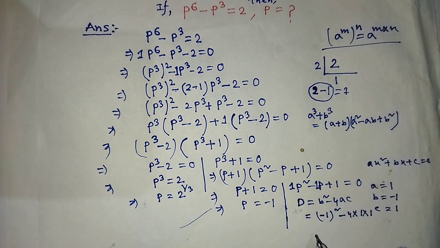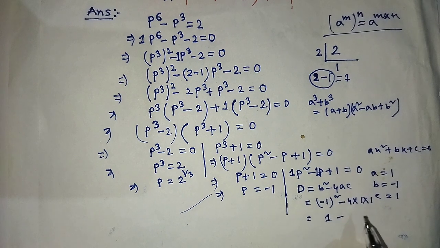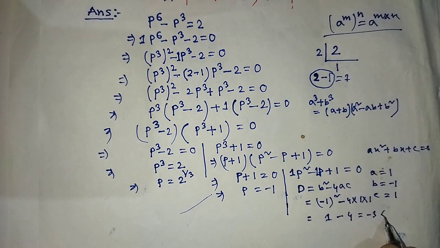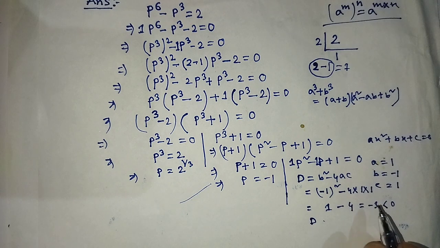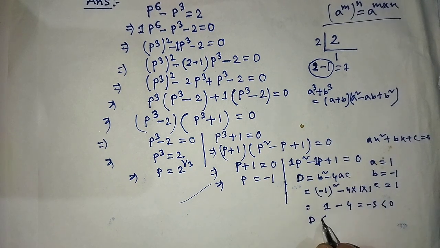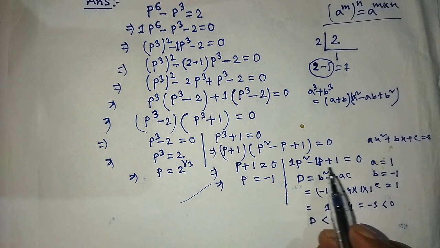The square of minus 1 is 1. So we write 1 minus 4 into 1 into 1, that means 4. If you subtract 4 from 1, you get minus 3, which is less than 0. So it is clear that the discriminant of this equation is less than 0. That means this equation has no real solution.